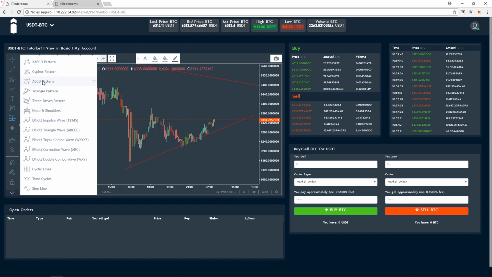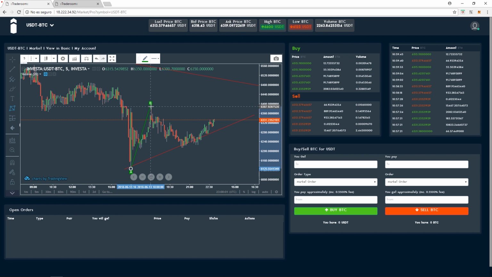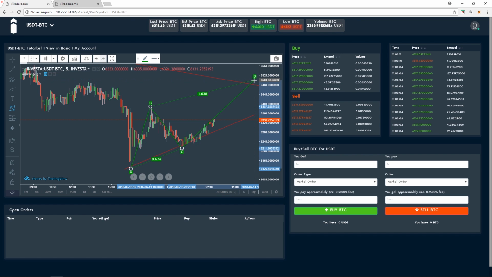I'm just going to show you the pattern. So this is what I'm talking about: A, B, C, and the 1.618. Oh, around there.